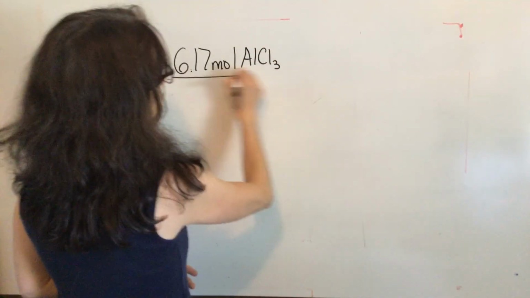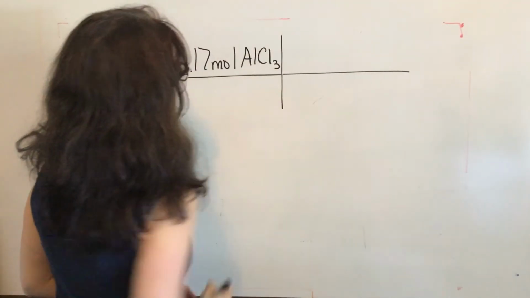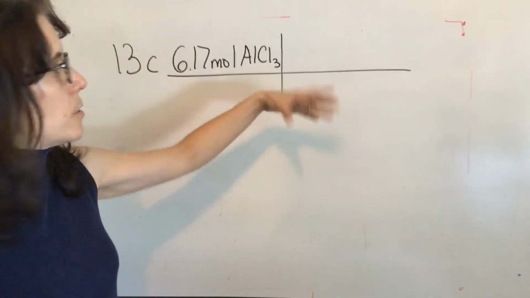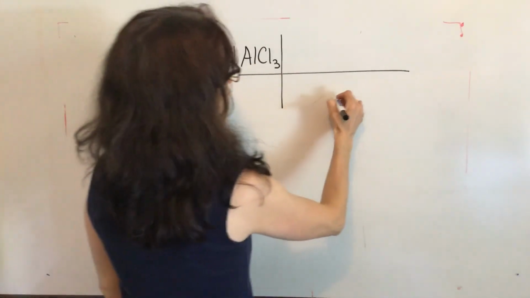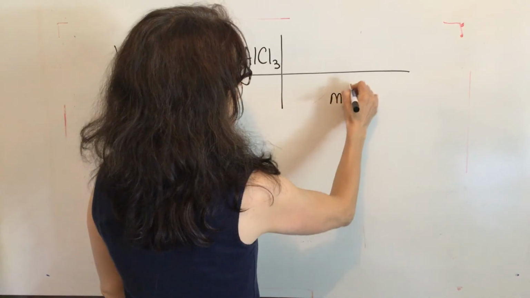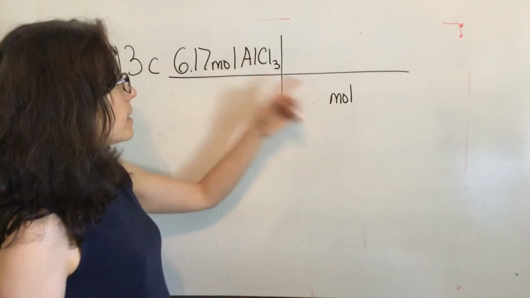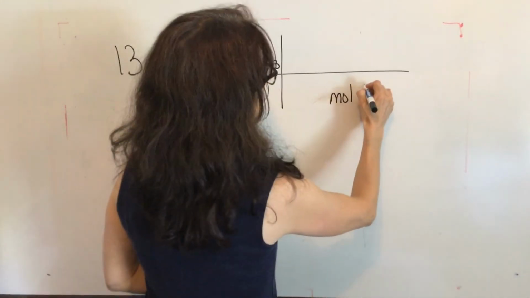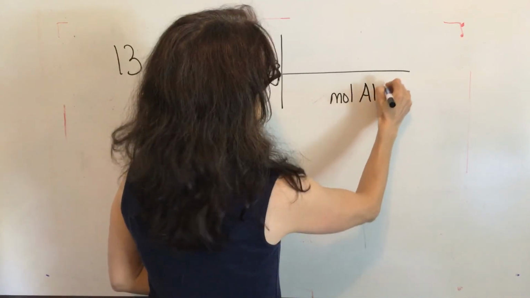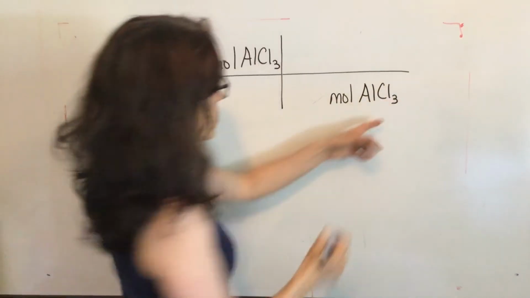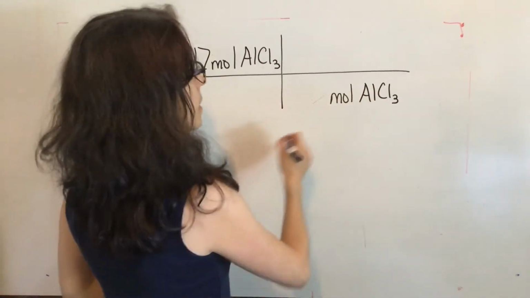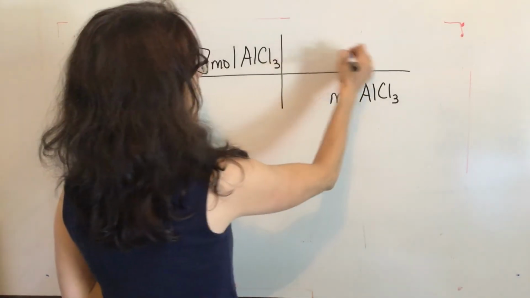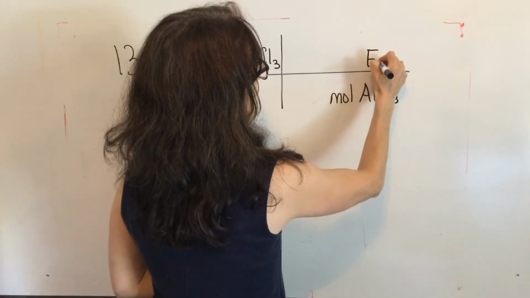All right, draw a line for your railroad tracks. We want to go from moles to formula units. So I'm going to put mole on the bottom this time. I want mole to cancel out, and I want the substance to cancel out, so I need to write that down. There's aluminum chloride. On the top, I want formula units of aluminum chloride, because that's what it's asking for.